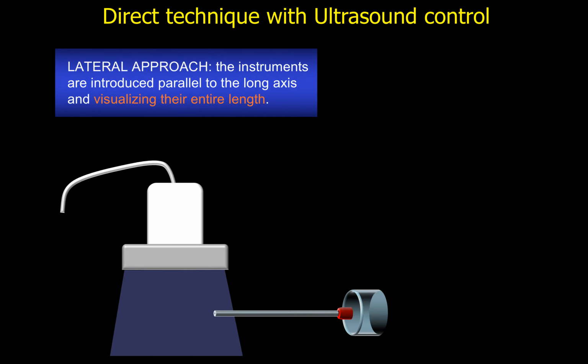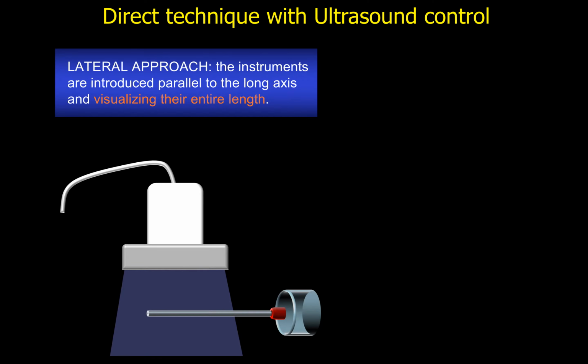But mostly we use the ultrasound to control the instruments and the needle in the direct technique. Two modalities also: the lateral approach, in which the instrument is introduced parallel to the long axis, and we will visualize the entire length of the needle in this case.